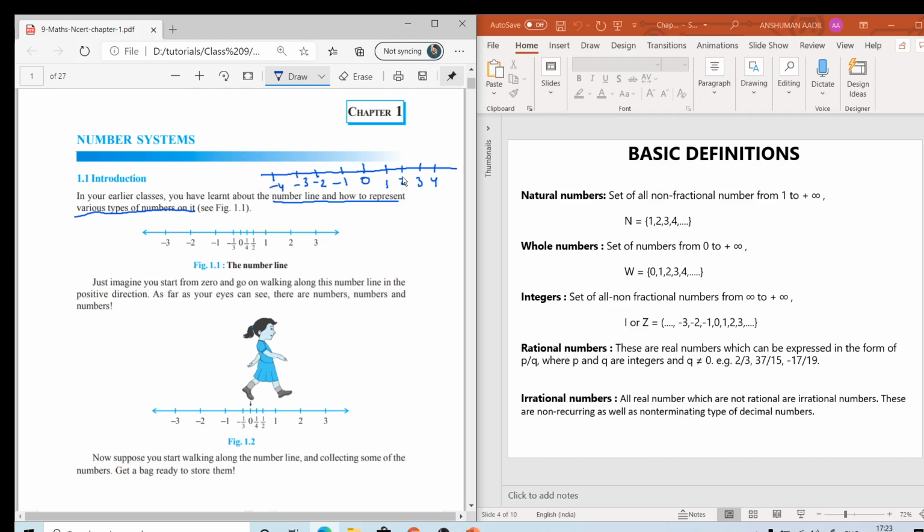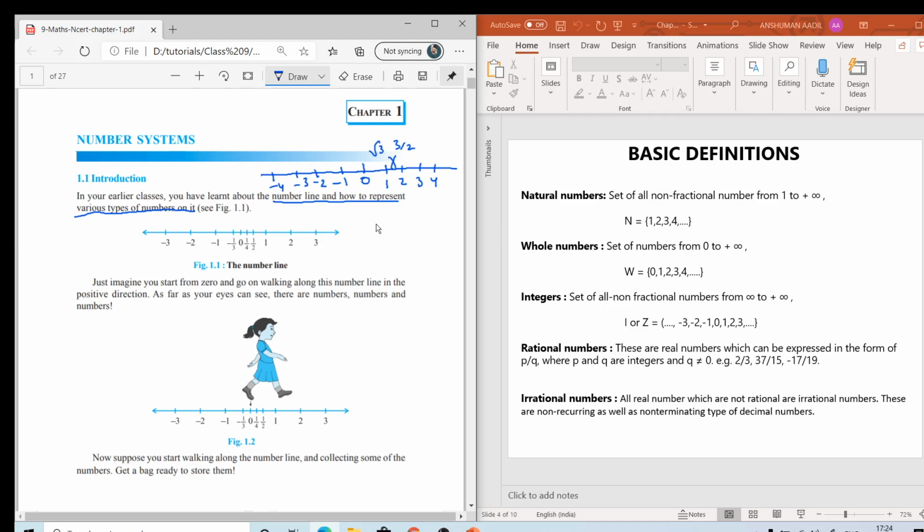So this is our number line where we can represent any number on it, like we can represent 3/2, we can represent √2, we can represent √3. Like this we can represent any number on the number line.